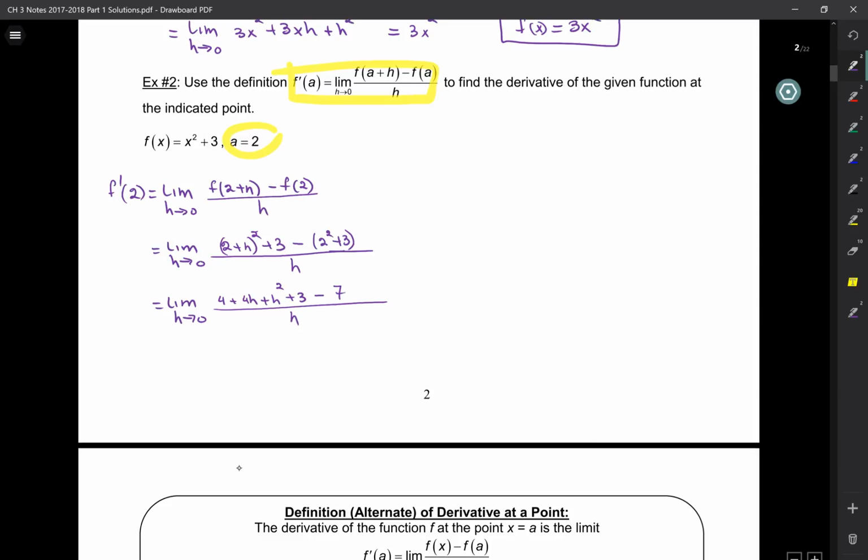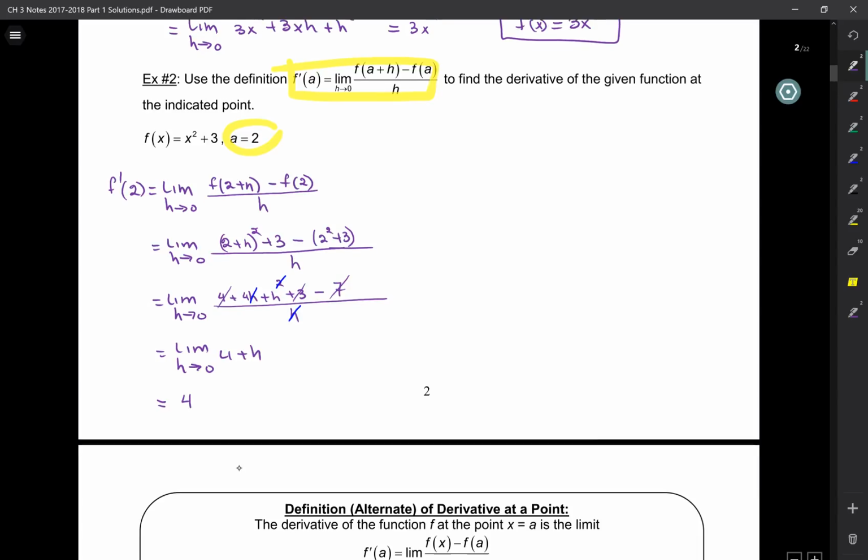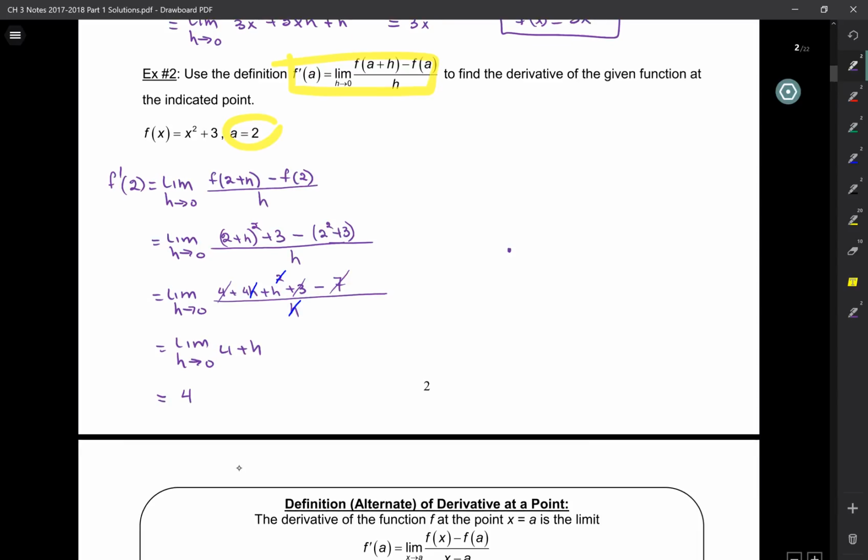So what is that? 4 plus 3 is 7, 7 minus 7 goes away. How cool. One of the h's will go away, yes? Yes. So we get the limit as h approaches 0 of 4 plus h. And when h is 0? 4. So we say, therefore, f prime of 2 is 4.